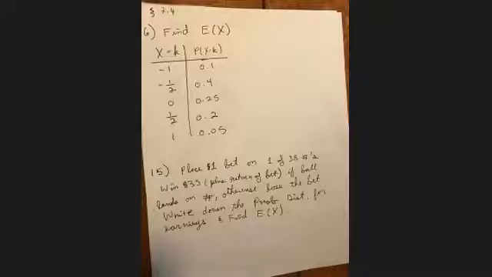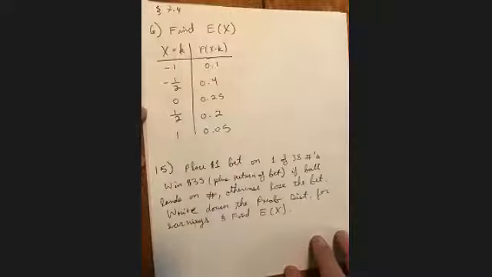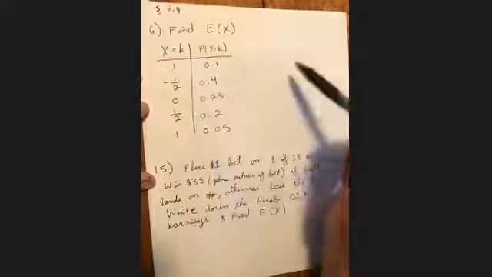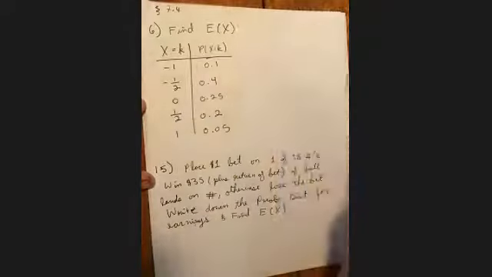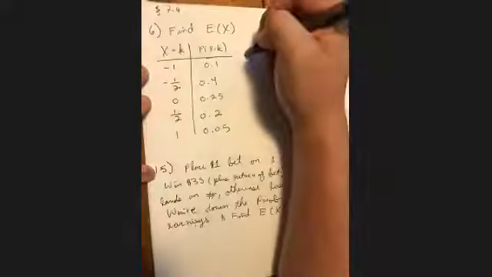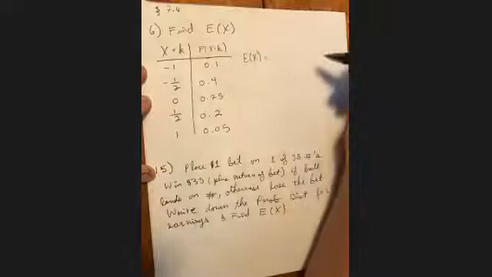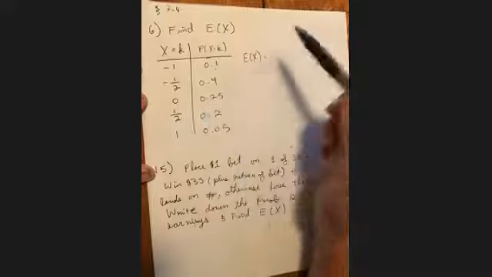Okay, so now we're going to move on to section 7.4. Here, remember, we were talking about the mean or average or the expected value. We learned that these were all equivalent computations. So in this problem, problem 6, we're given a probability distribution and asked to find the expected value. So remember how this works. If you're given a probability distribution and you want the expected value, then all you have to do is take the value and multiply it by the probability in each case, and then add up all those results.